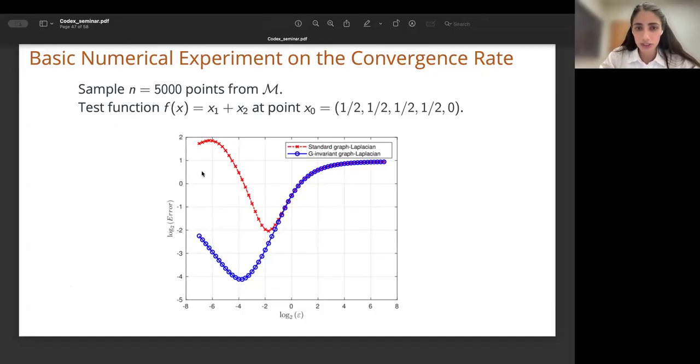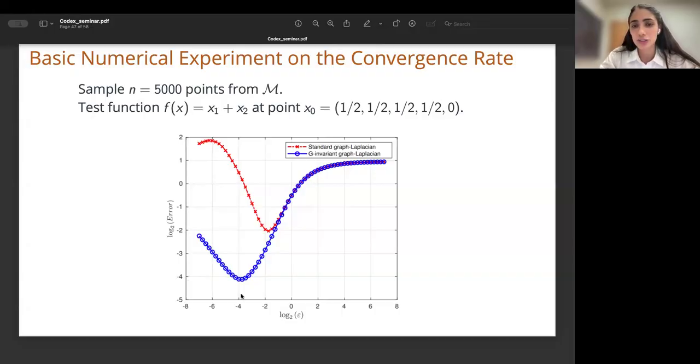Okay, so here we see in red we have the standard graph Laplacian, and in blue we have our G-invariant graph Laplacian, where we are plotting the error against the bandwidth parameter epsilon. The first thing that we can notice is that for the same number of data points, we're able to achieve a smaller error by using the G-invariant graph Laplacian.